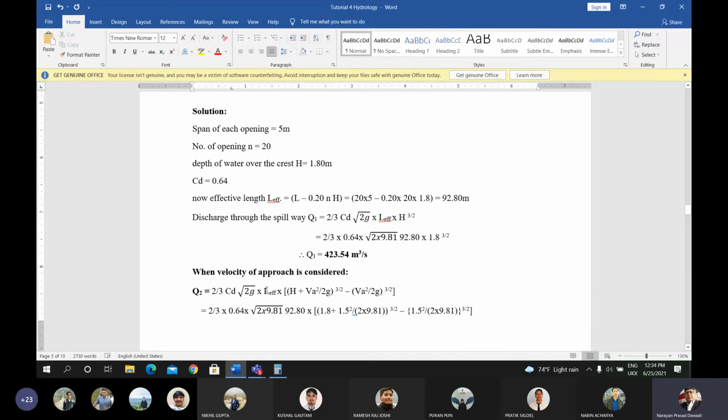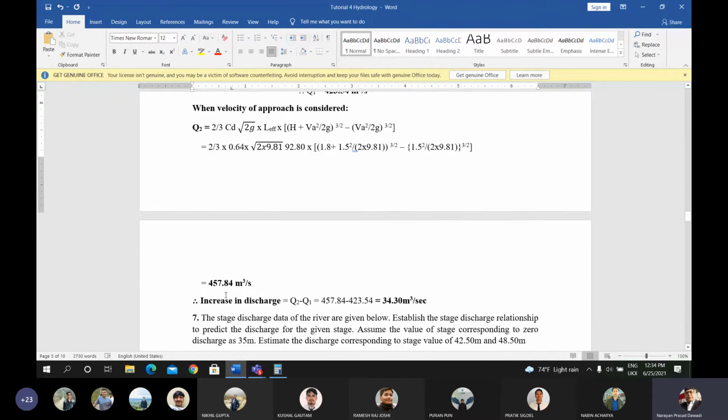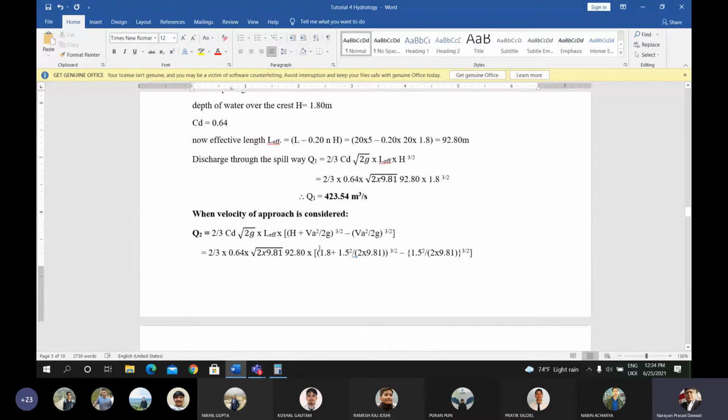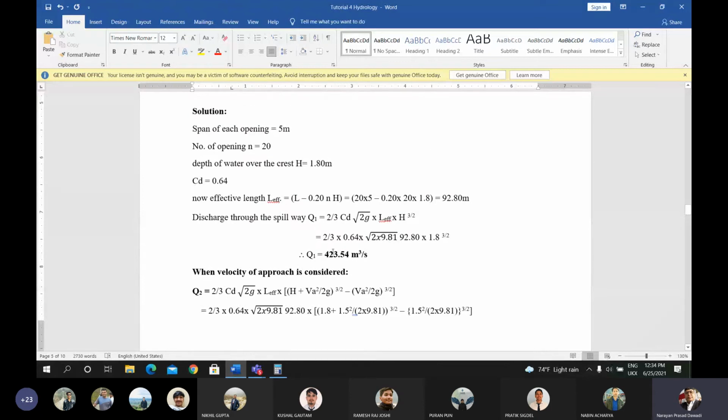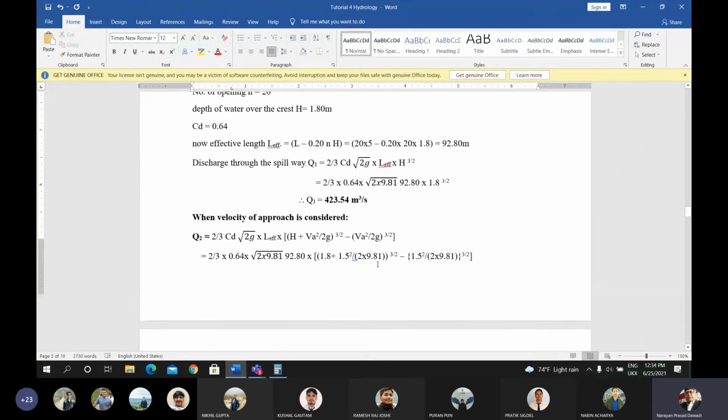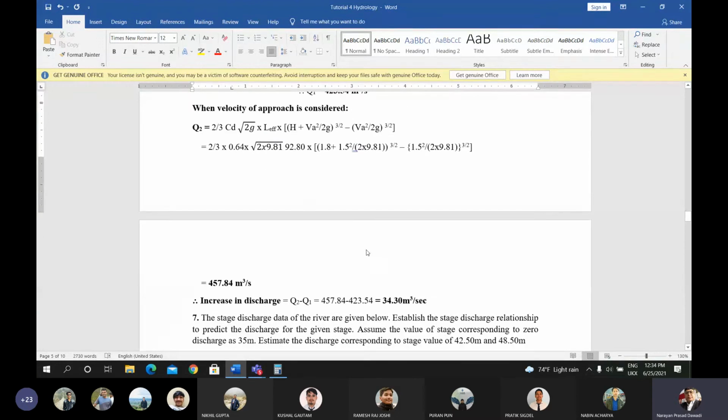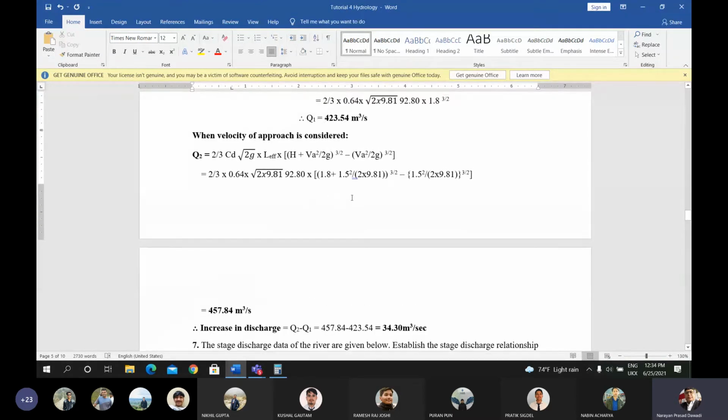You will get the discharge Q2 by solving as 457.84 meter cube per second. For the first case, the discharge was 423.54 meter cube per second. For the next case, when the velocity of approach is considered, the discharge will be increased, and the increased discharge is 457.84 meter cube per second.